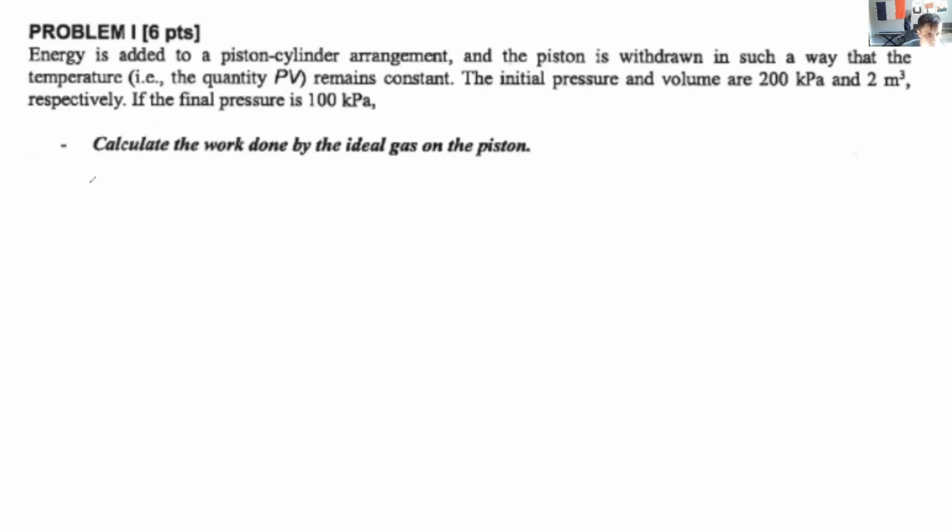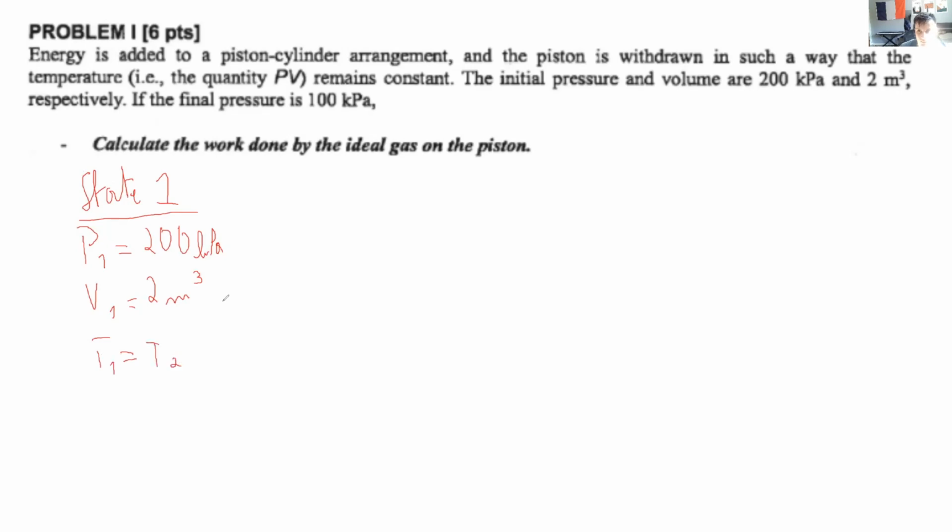So just like we did before, state 1: P1 is given as 200 kilopascal, V1 is 2 meters cubed, T1.